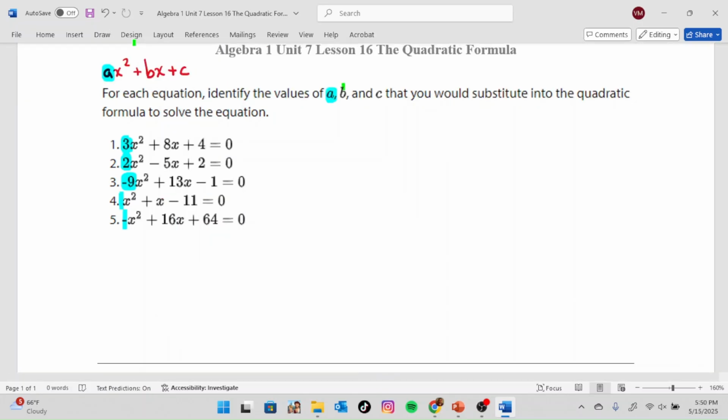When they reference b, they're talking about the coefficient that is paired with x. So as you look through this, they would be talking about positive 8, negative 5, positive 13. Here where we don't see it, it would be positive 1 and positive 16.